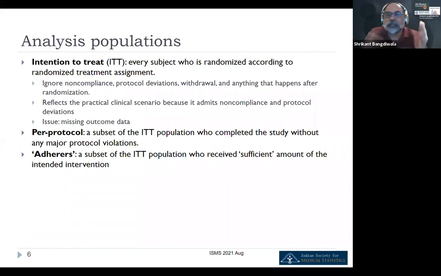If they were supposed to take medication twice a day for 12 weeks, for example, and they took it once a day for 10 weeks, they got enough of it. The clinician decides what is sufficient, which is why it's arbitrary. But you'll get some effect in those, so it's just another group you may want to look at.